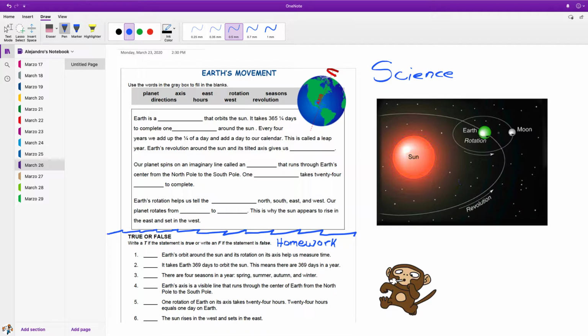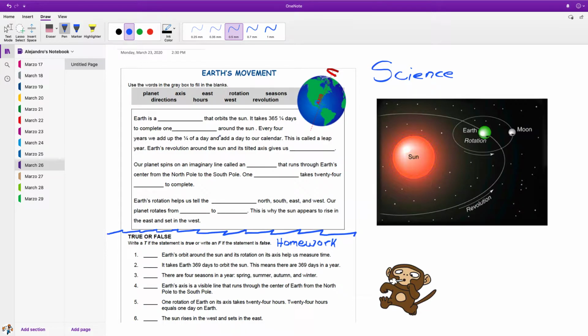Also, the Earth makes a second movement: it rotates on its own axis every 24 hours. That's rotation. That's why we have day and night, because the rotation takes 24 hours. If you get confused a little bit, you still have this visual so you can complete the homework successfully.